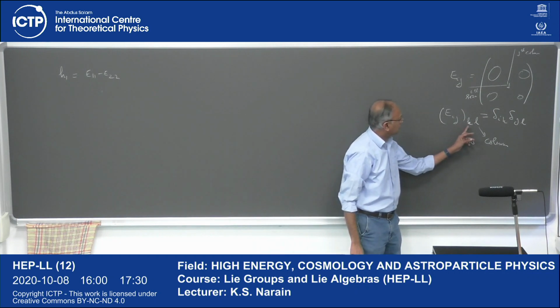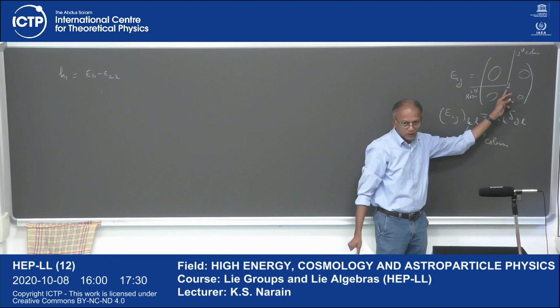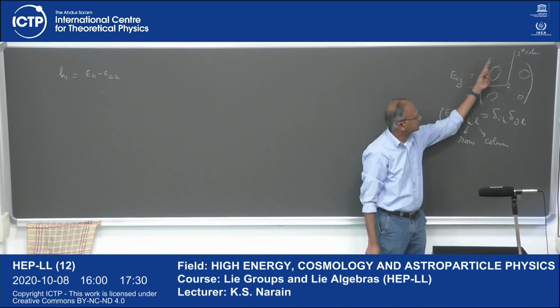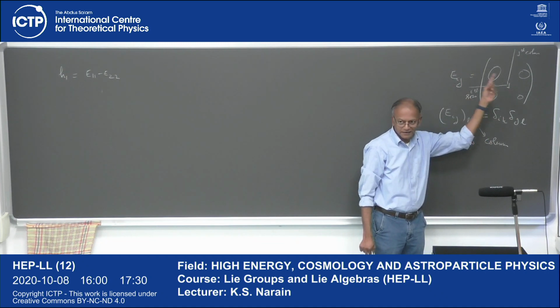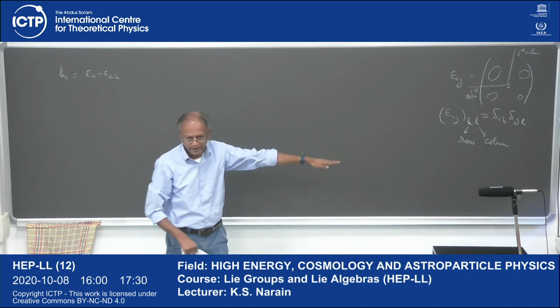It says that only when k is equal to i and l equal to j is it not 0 and equal to 1. Otherwise, it's all 0. So this is a shorthand notation, instead of writing this matrix all the time. We used this already yesterday.